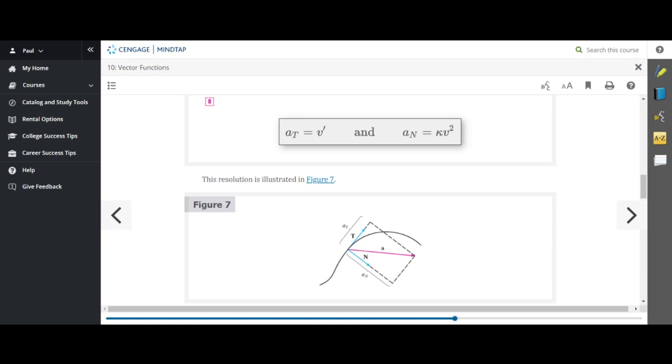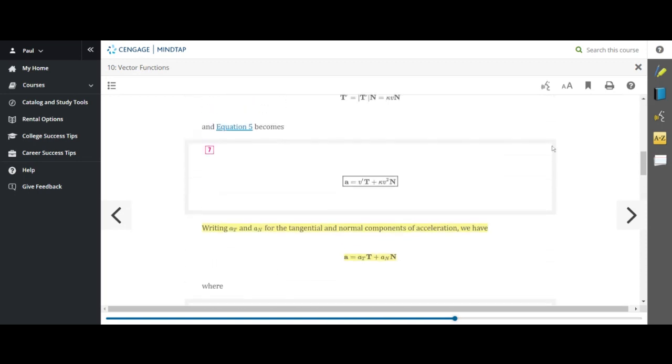Think of it like this: here's your acceleration vector.